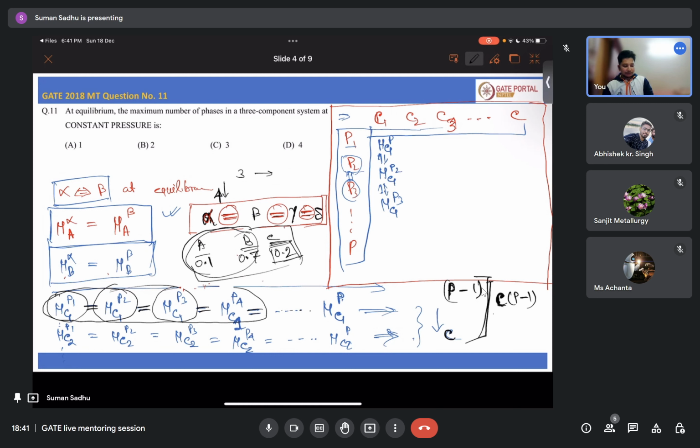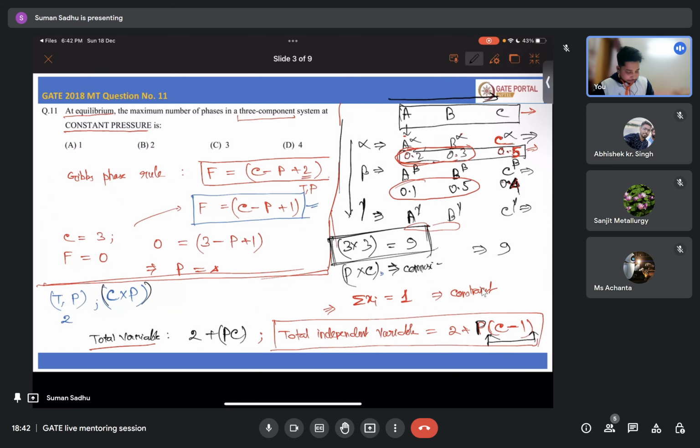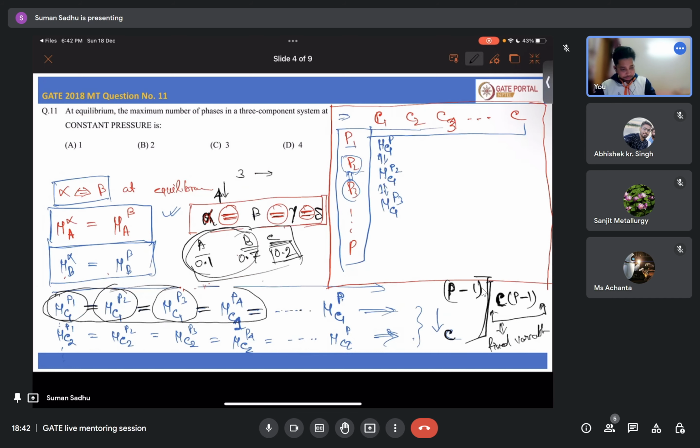This is the total number of equilibrium, these are the total number of fixed variables. Now your total number of independent variables was 2 plus P into C minus 1. So now, what will your degree of freedom be?